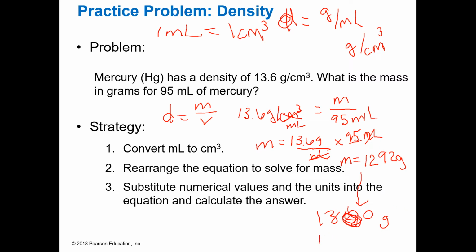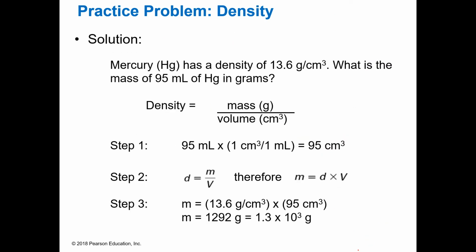1,300. Rewrite that again. 1,300 grams. Okay. We can see that more detailed here. We can just plug it all in, just like we saw. Rearrange the density formula. So mass is equal to density times volume.